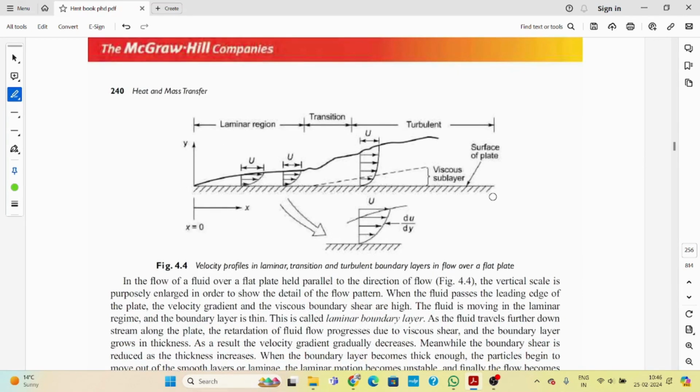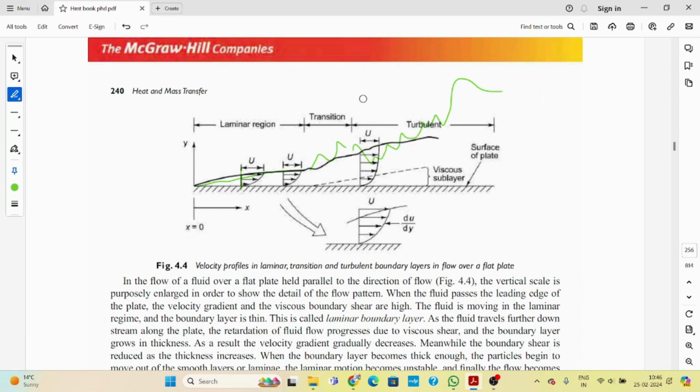Here it is a stationary boundary, and flow is coming from this direction, and this is the variation of velocity. Here you can see the flow is laminar, then at some point transition, and then it becomes turbulent, a very zigzag pattern. These are defined by the Reynolds number.